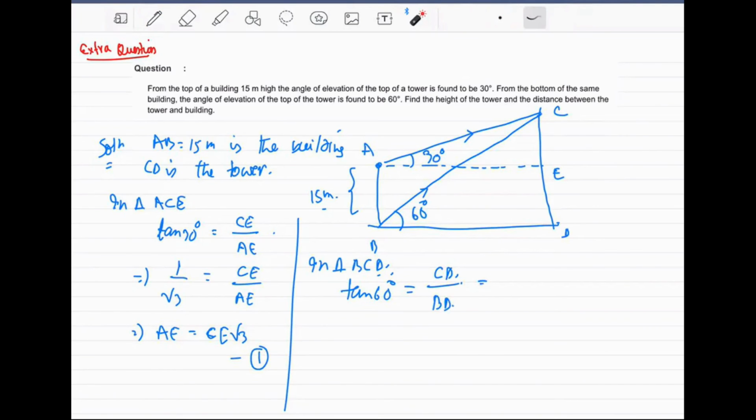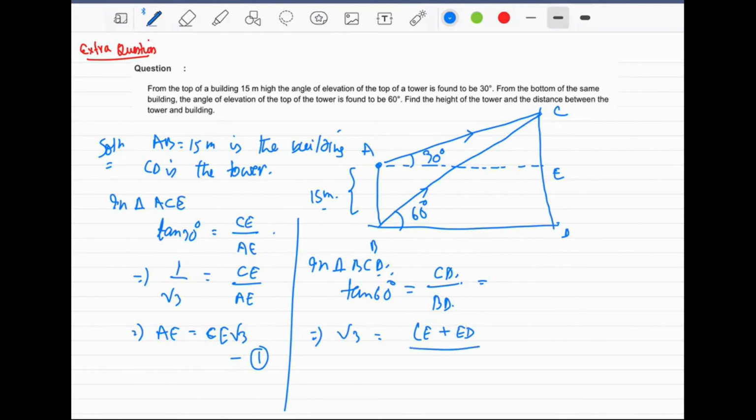CD, you can break it down into two parts, this part and this part right here, so CE plus ED. Tan 60 I can put as root 3. CD you break down into CE plus ED.